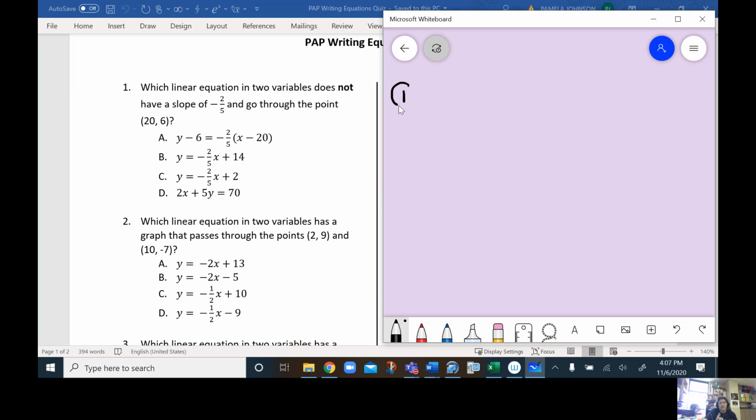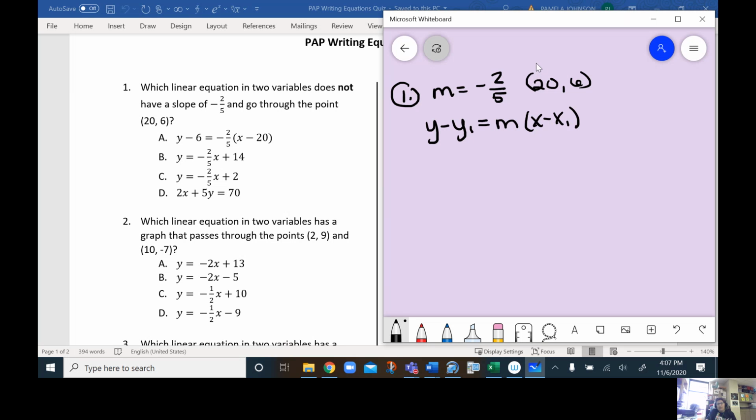Okay, so for number one, we have a slope of -2/5, and it goes through the point (20, 6). Well, our point slope formula is y minus y1 equals m times x minus x1.